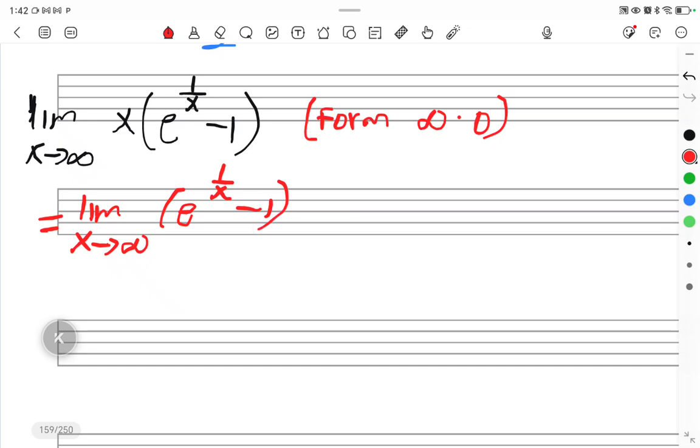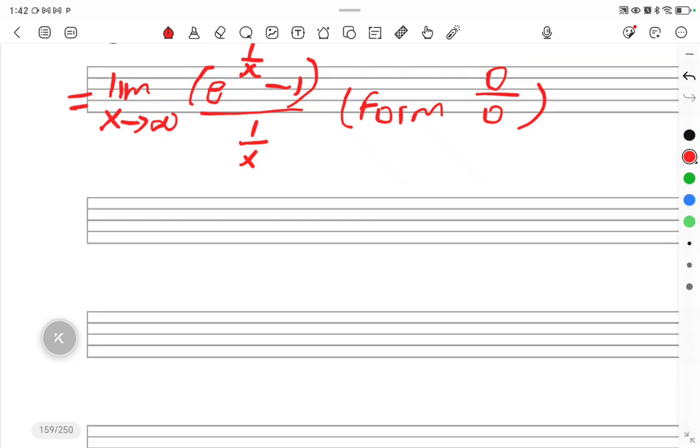So I'm going to take this to the denominator. When it goes to the denominator, it will go as 1 over x. Then now I can check the form. When I check the form now, it will be 0 over 0.